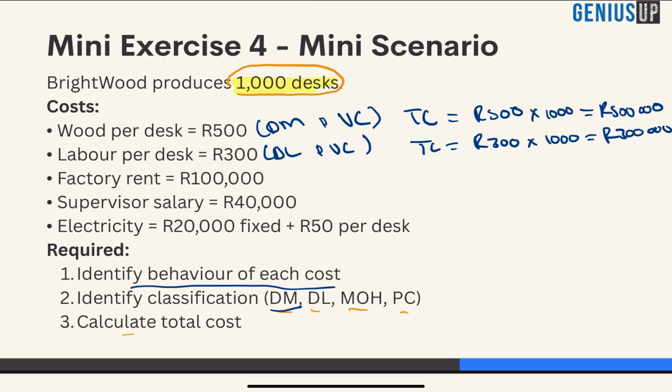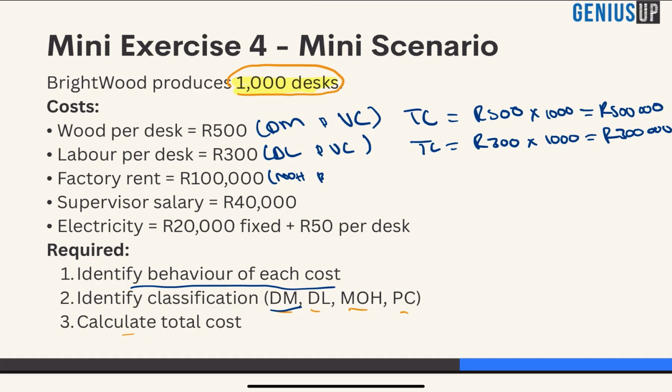And then we move on to factory rent. So factory rent is not a direct material, it's not direct labor. However, it's still a factory cost. Therefore, it's manufacturing overhead, right?